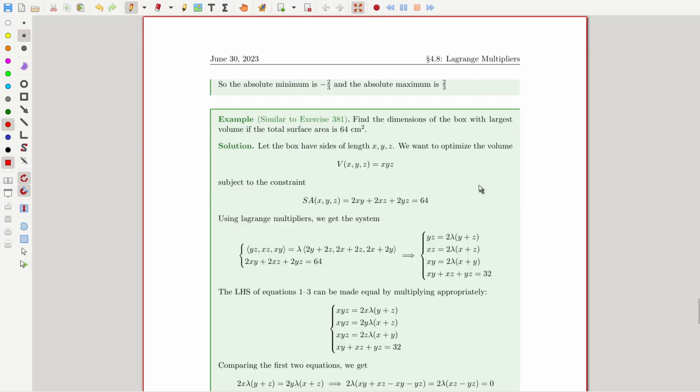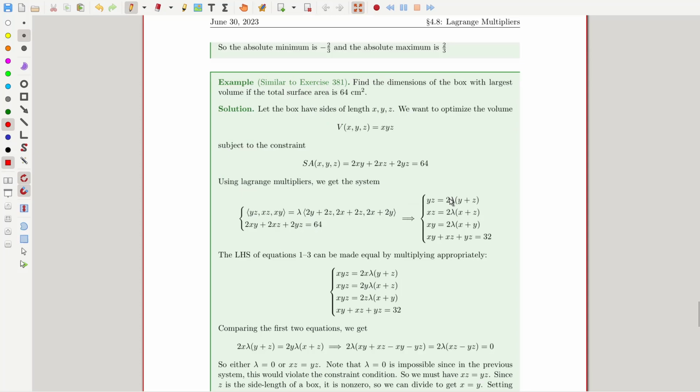Let me check. Yeah, this is the other tricky example, and this one is similar to your 381. This is a volume of a box. The main difference, besides the surface area quantity being different, is that in this example I'm considering the entire box.